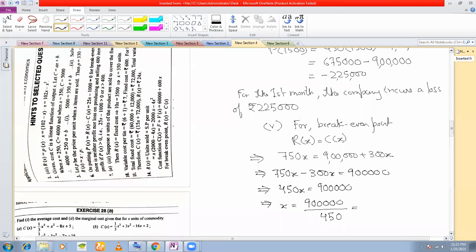Just cancel: you get 2000. So how many clocks do you need to produce? 2000 clocks. That is the break-even point. Any question?